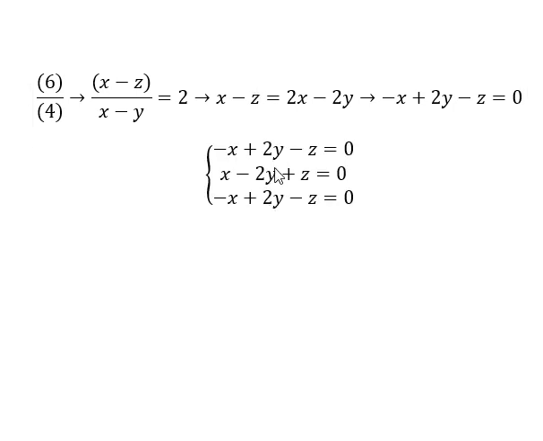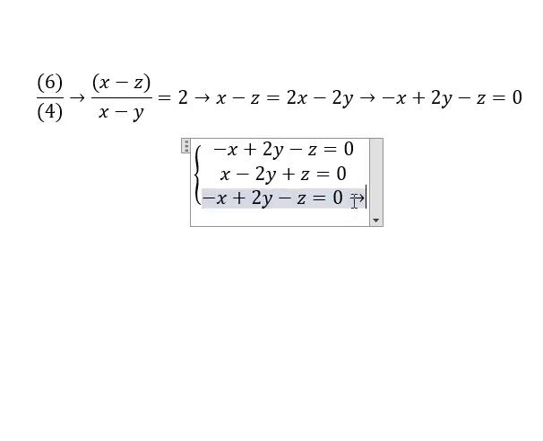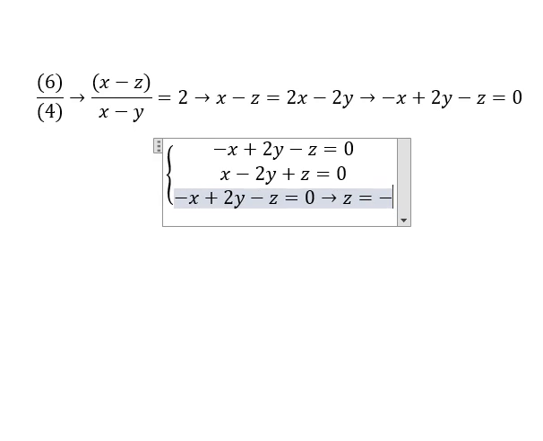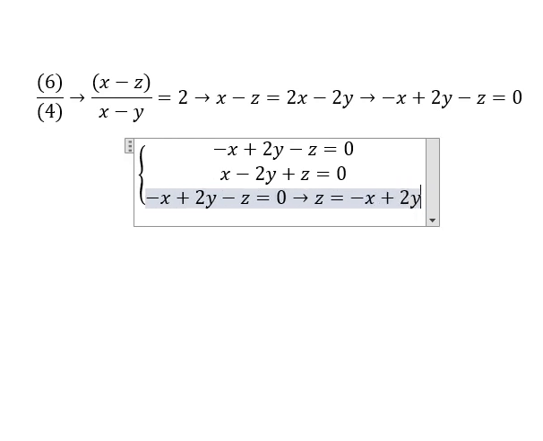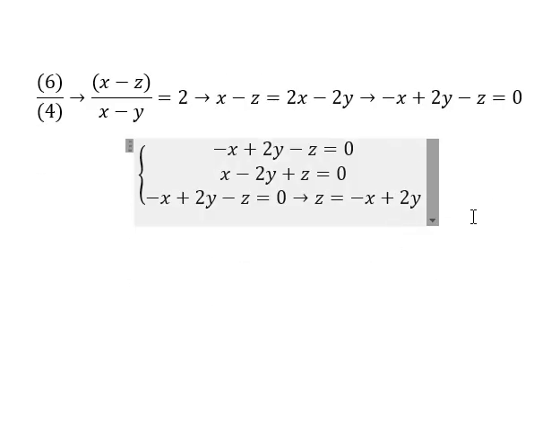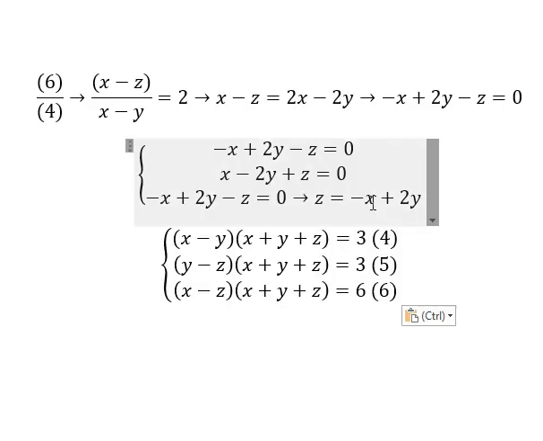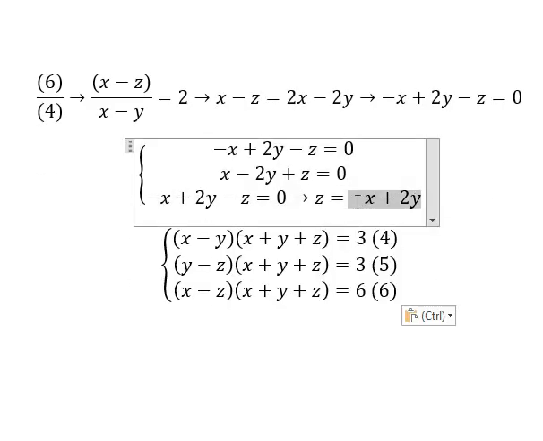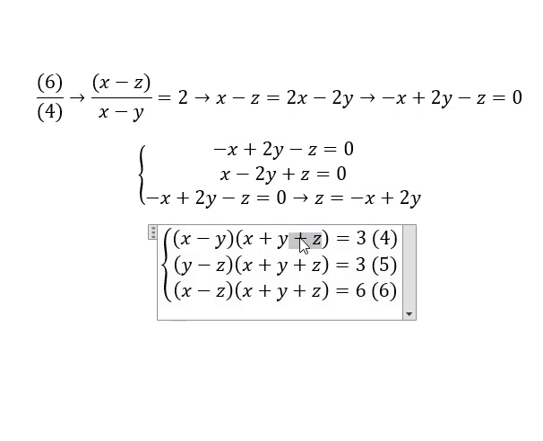So if we look carefully, they are the same. So I will select one. So in this one, I will put negative z to the right. So we have negative s plus 2y. So we go back to this one. So I will change this one for z.